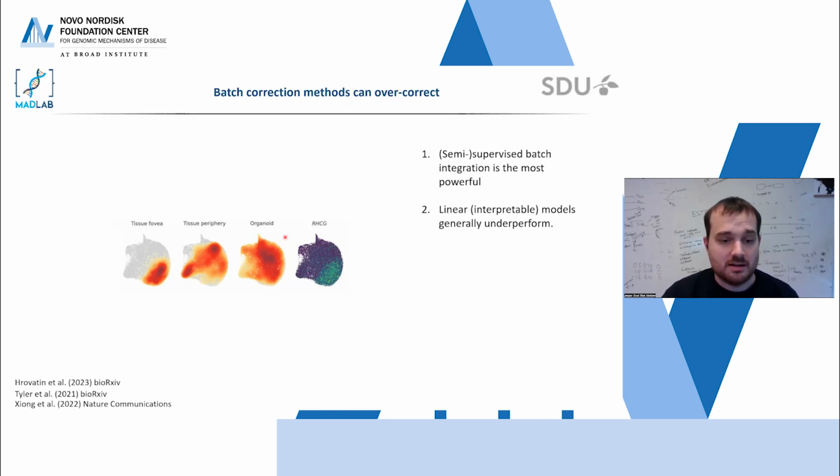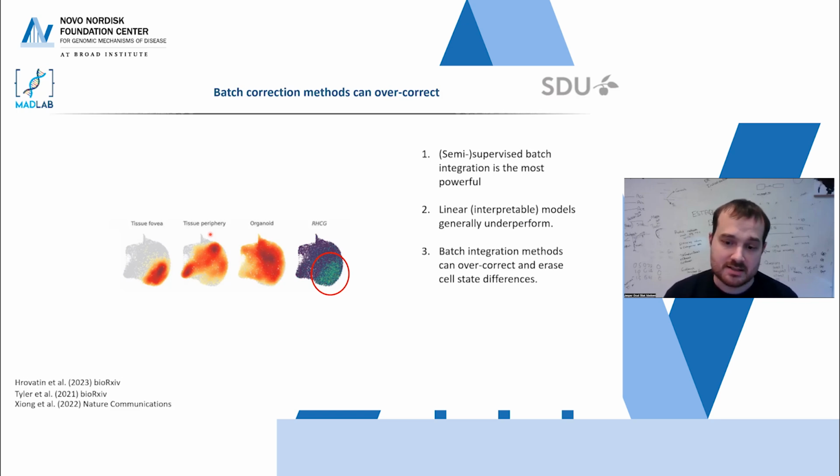And they see that Mueller cells marked by RHCG co-localize in space, but there's actually ample evidence in the field that Mueller cells from the fovea are transcriptionally distinct from Mueller cells from the tissue periphery and organoids. So batch correction can be a problem. It can overcorrect and it can erase cell state differences.